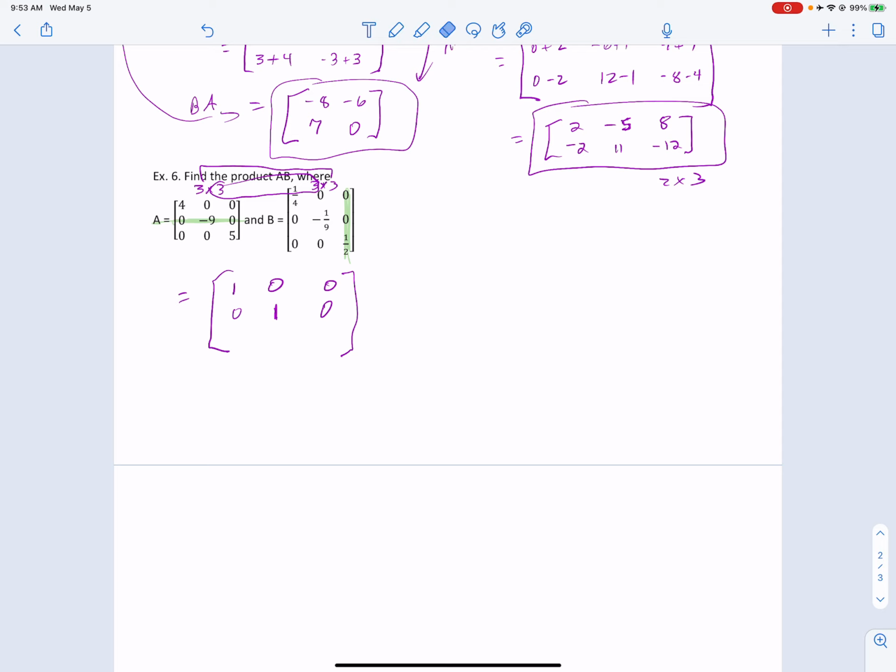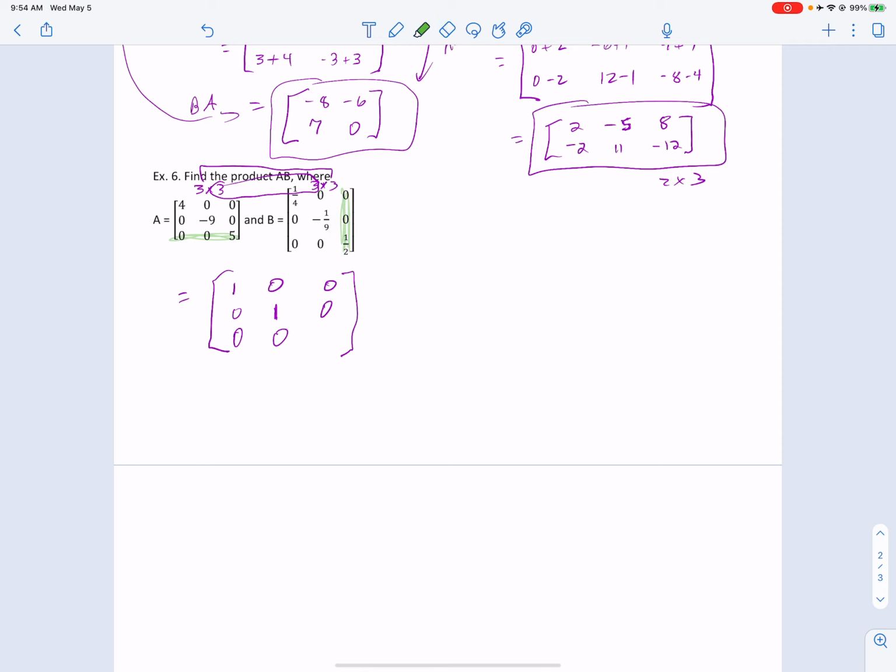And then switch to the last row and move through the columns. And you get 0 times 1/4, 0 times 0, 0 times 5 is 0. Switch to the next column, multiply corresponding elements. You get 0 times 0, 0 times a -1/9, and 0 times 5 is 0.